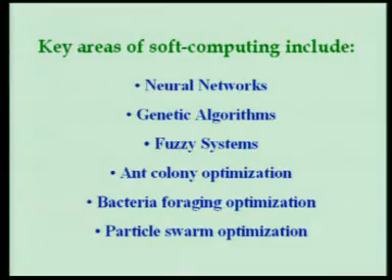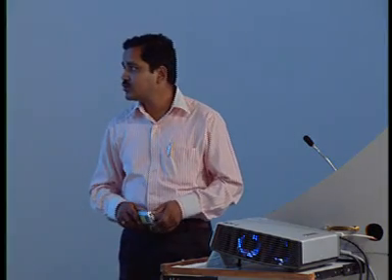So these are the key soft computing areas: neural network techniques, genetic algorithm, bacteria foraging, fuzzy system, particle swarm optimization, and so on. Right now people are working on all of these topics, and in every engineering kind of problem you can find the application of these techniques. But today I am not going to discuss the application of all these techniques.